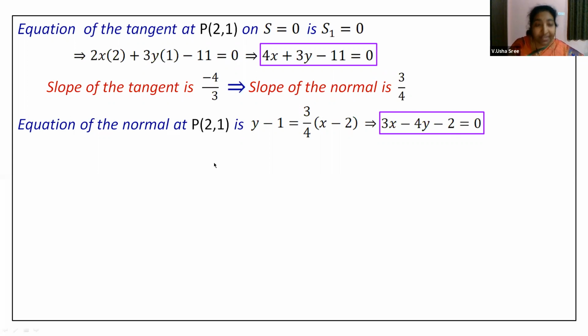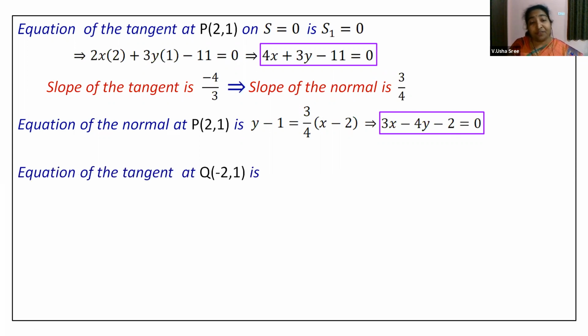Okay, but still we have one more point, (minus 2, 1). Now the equation of the tangent at this point is again S1 equal to 0. So here instead of x1 we will substitute minus 2 and instead of y1 we will substitute 1. This implies 2x into minus 2 plus 3y into 1 minus 11 equal to 0.